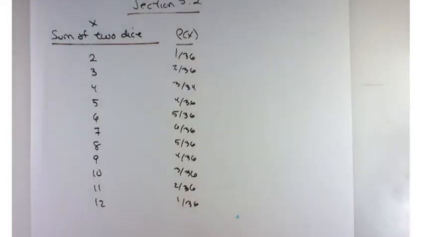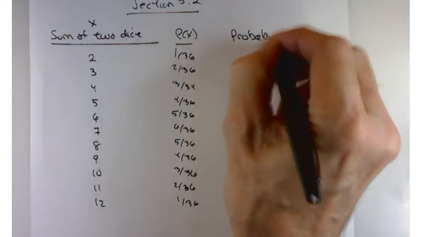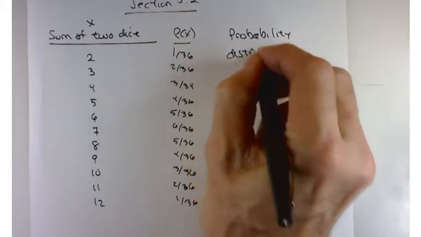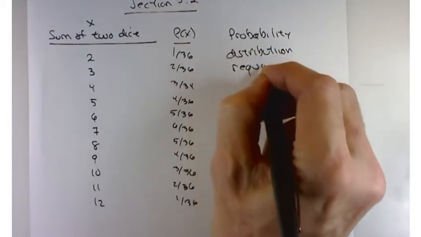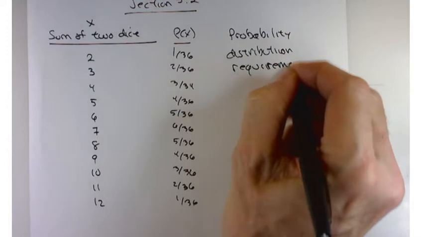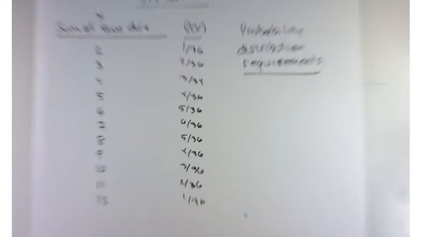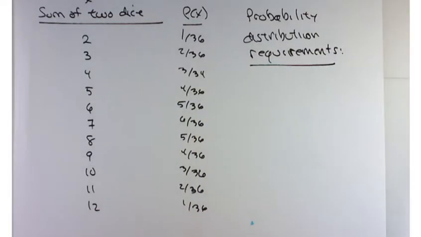Now, there are a couple of things that we're going to expect and want out of our probability distribution. For a probability distribution, the requirements: there are two. The first one is that all these individual probabilities have to be valid probabilities. Now, probabilities range between what and what?